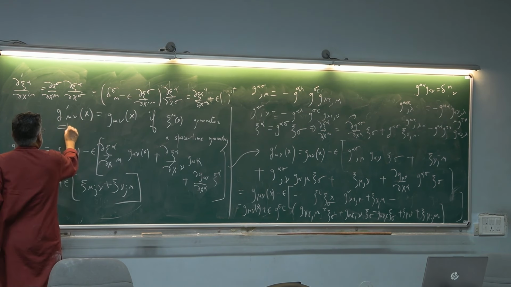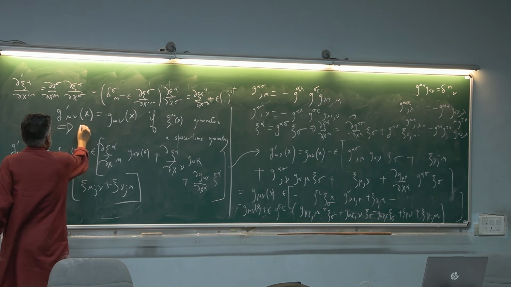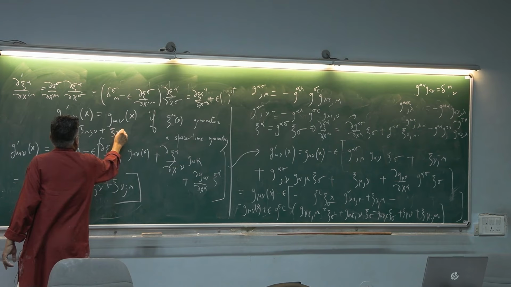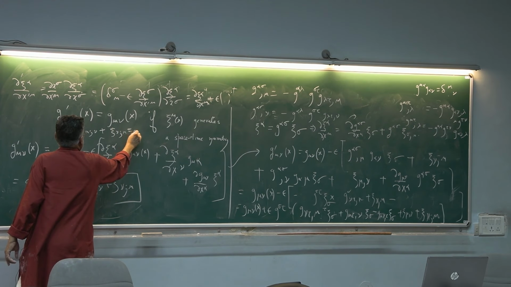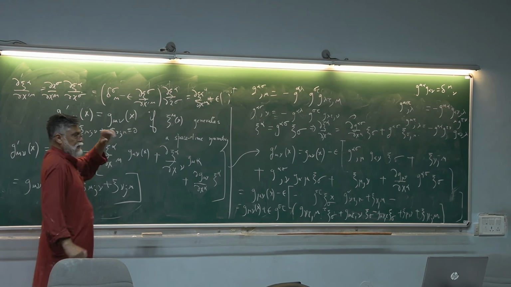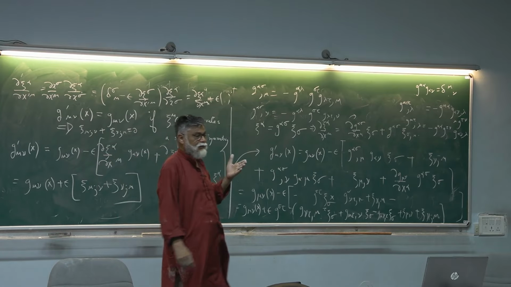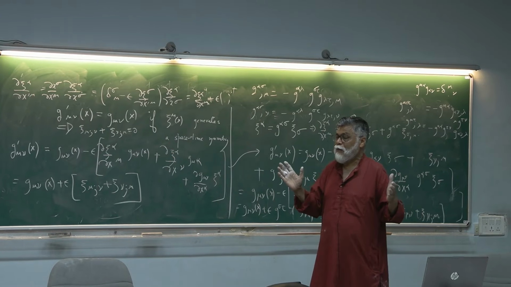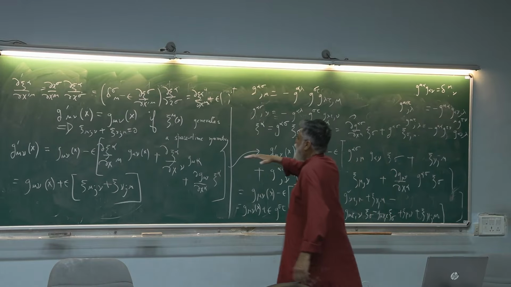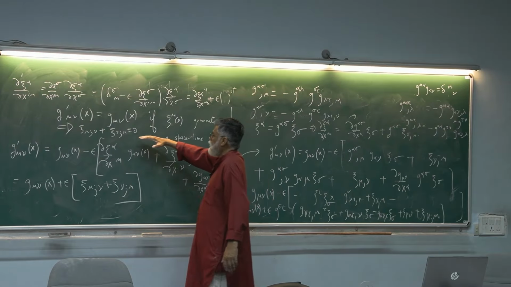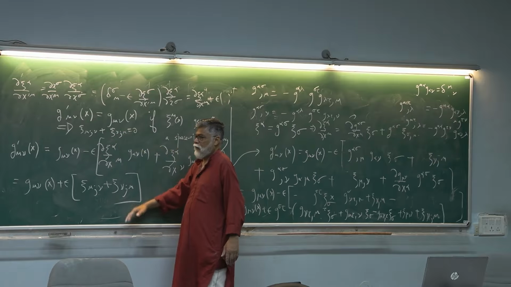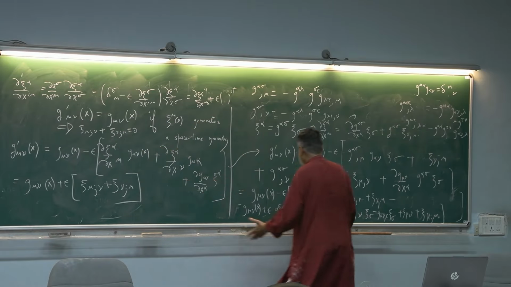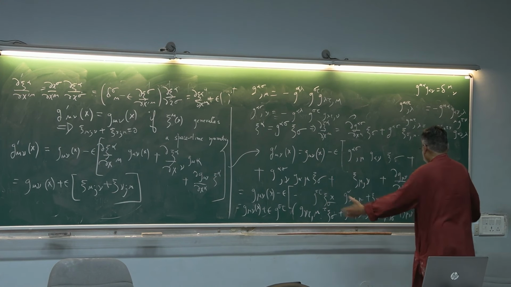This means that xi mu is such a vector field that xi mu semicolon nu plus xi nu semicolon mu is 0. This is called the Killing equation. That means the vector field xi mu generates a space-time symmetry provided it satisfies the Killing equation, xi mu semicolon nu plus xi nu semicolon mu equals 0. Okay? Just do this simplification. You will see that if you expand this out, you will get back this result.